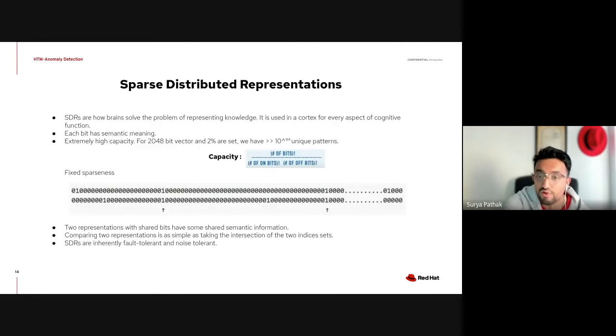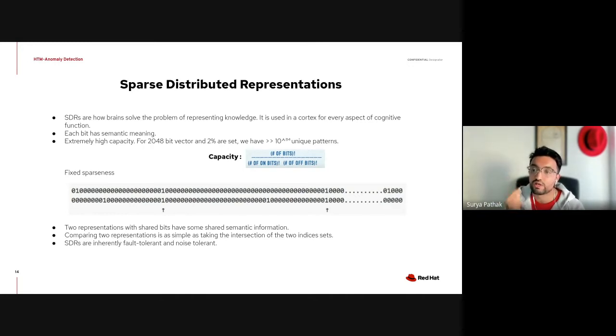To understand more about it, what are SDRs, or sparse distributed representations? SDRs are how the brain solves the problem of representing knowledge. It is used in the context of every aspect of cognitive function. We were discussing before, if I hear something, that information from my ear goes through some nerve to the brain.